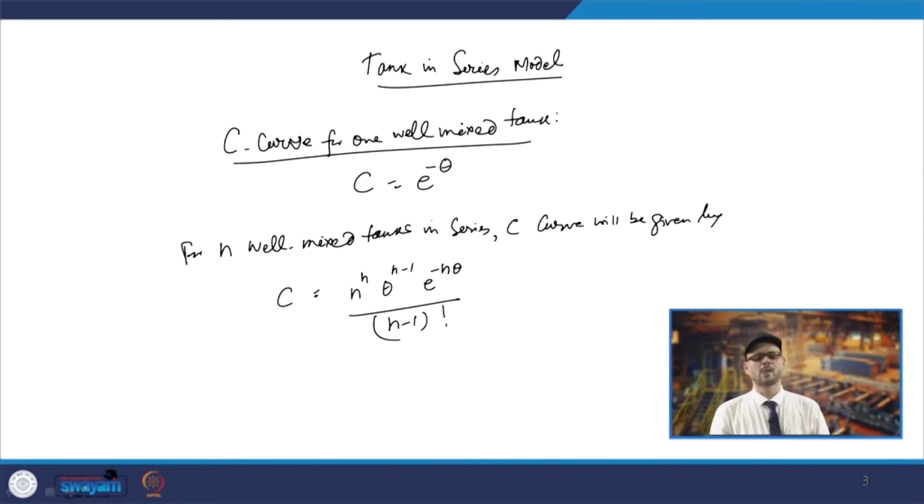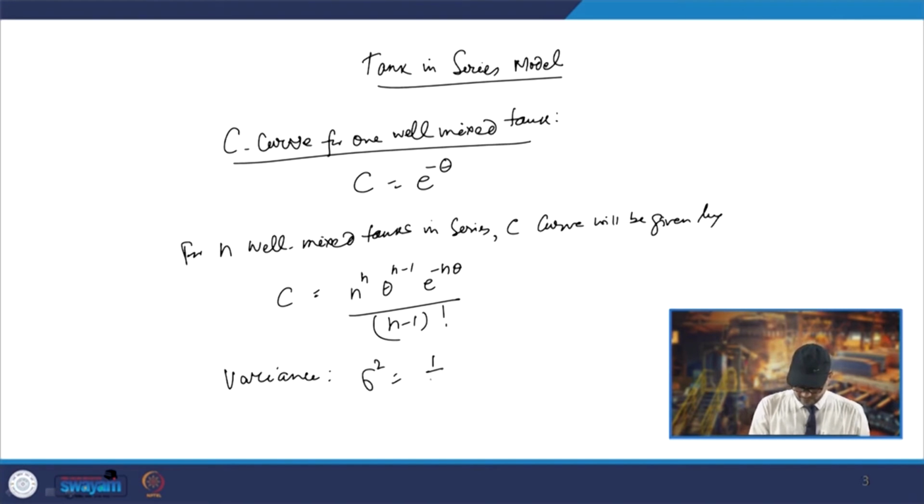So, this is for when you have n well mixed tanks in series, you can predict the value of the concentration according to this. And if you determine the variance of these curves, it will be 1 by n.